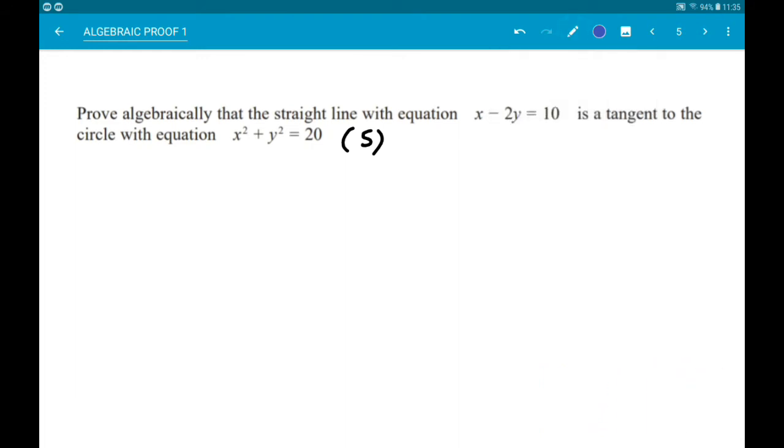So, how do we start doing this? Well, what we need to do is use the linear equation to get one letter on its own in terms of the other letter. So, we have x minus 2y is equal to 10.